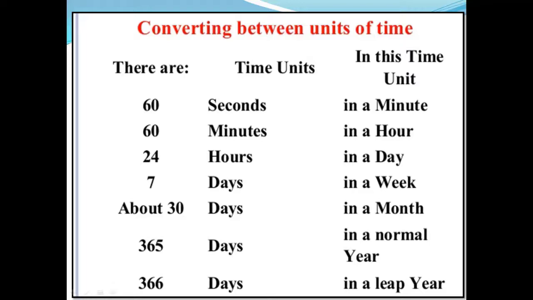Similarly 24 hours is 1 day. Accordingly, a month is about 30 days, and there are 365 days in a normal year, whereas 366 days in a leap year. So this is the conversion of units of time.